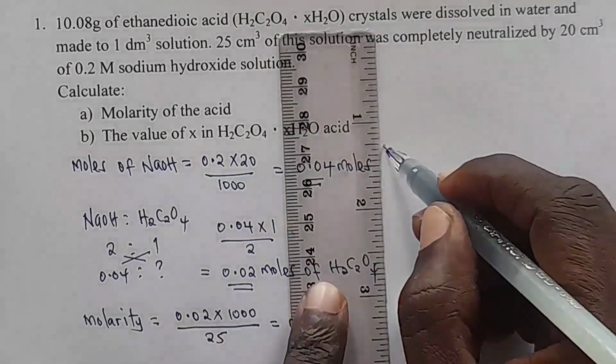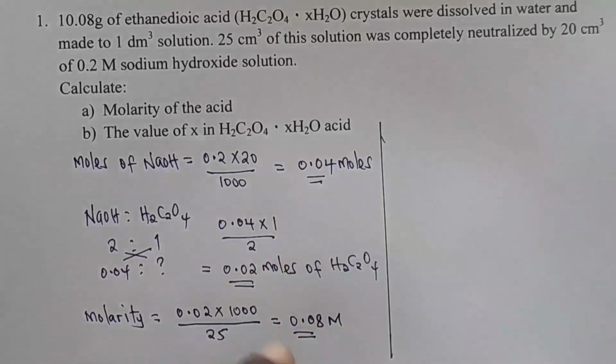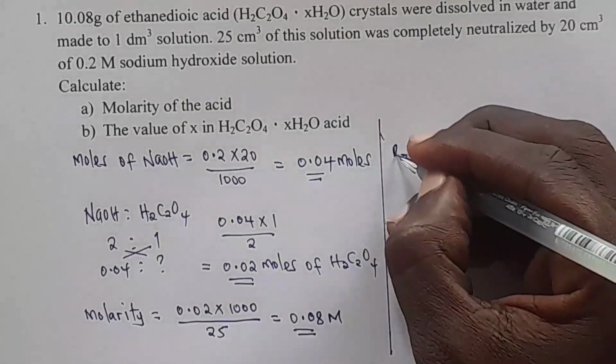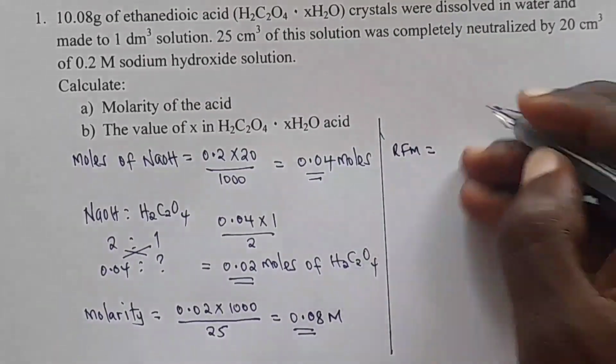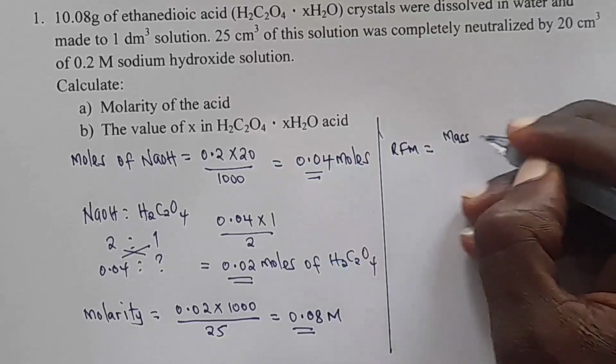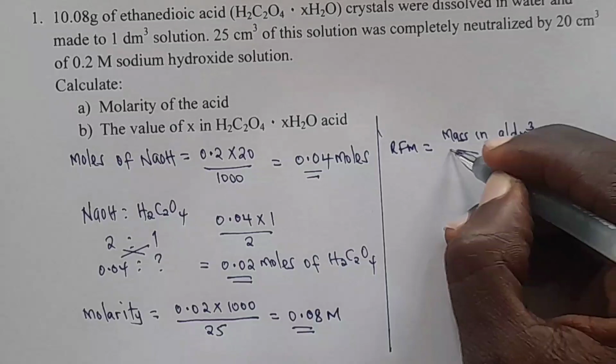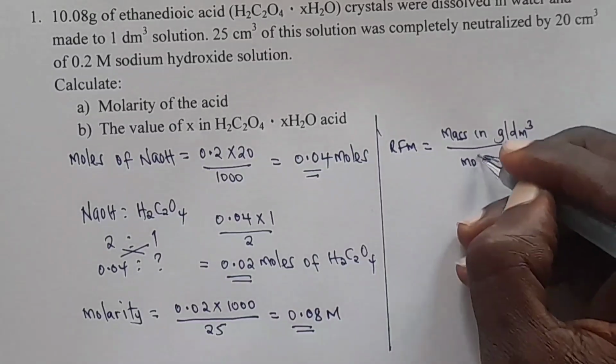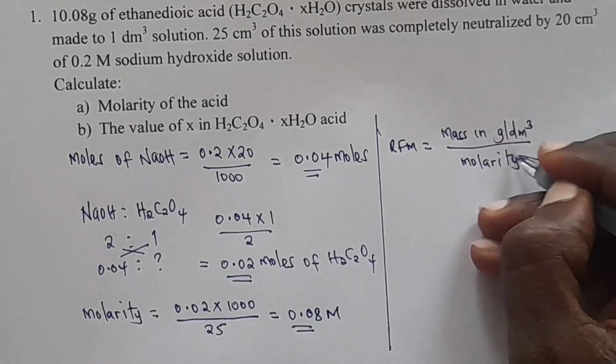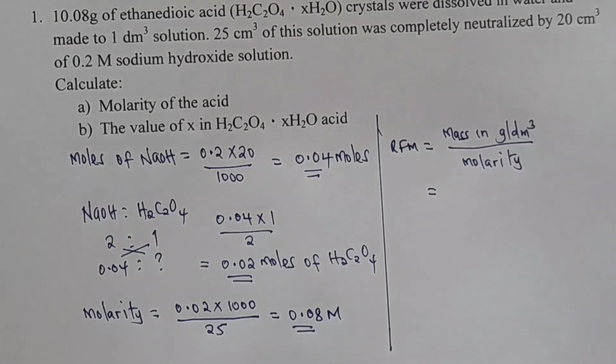We start by writing the formula for calculating RFM. I told you, you can write mass in grams per liter, or in grams per decimeter cube, over molarity. What is our value of mass in grams per liter?